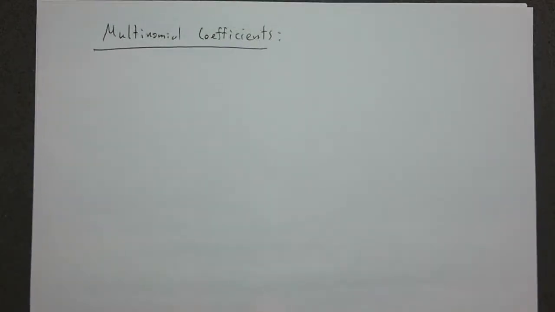Now, spoiler alert, we're going to see that multinomial coefficients don't, I'm not going to say they don't exist. They clearly exist, but it's a bit like logarithms that are not the natural log. Once you have the change of base formula for logarithms, any logarithm can be put in terms of the natural log.